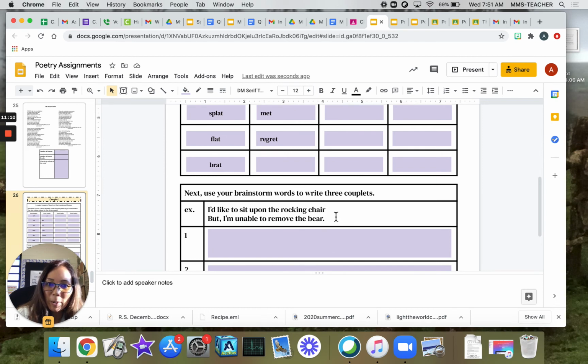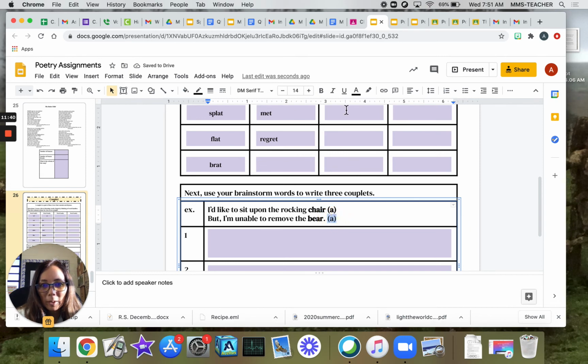I'd like to sit upon the rocking chair, but I'm unable to remove the bear. Chair and bear rhyme, and I'm going to label it with an A so you know that they rhyme. That's the rhyme scheme. So this is an example of a couplet.